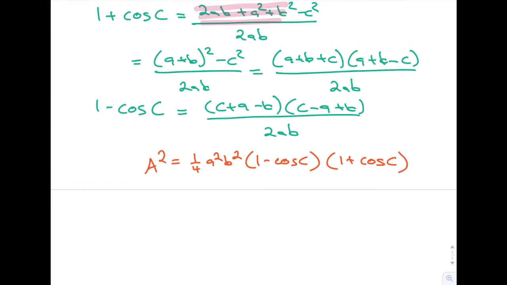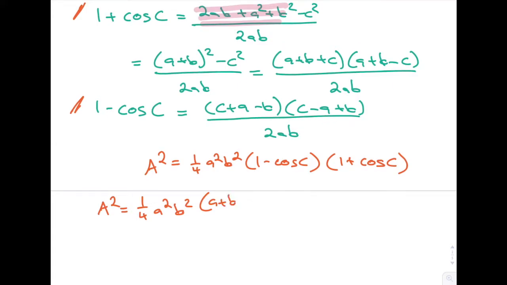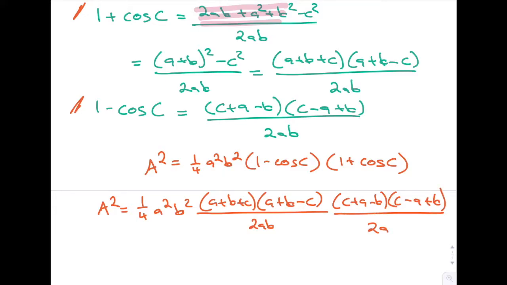Now we'll substitute in these two equations for 1 plus cosine C and 1 minus cosine C. So we have A squared equals 1/4 a squared b squared, and then all of this. So we have (a plus b plus c)(a plus b minus c) all over 2ab, and then we have (c plus a minus b)(c minus a plus b) all over 2ab. Now we've got to see if anything cancels out. Well, it looks to me like we've got a 1/4 a squared b squared.